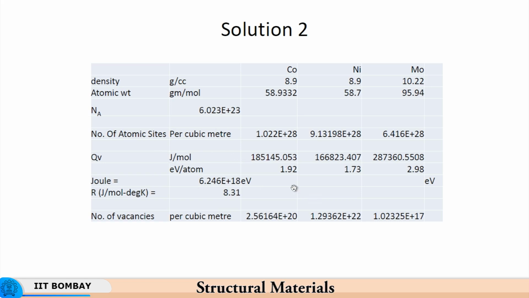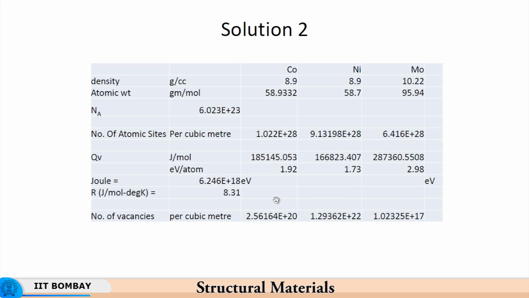And so if you take the vacancies at a given temperature, at the desired temperature, what we are talking about is 1000 degrees centigrade. Now at room temperature there are certain number of atomic sites, that is potential sites for vacancies.